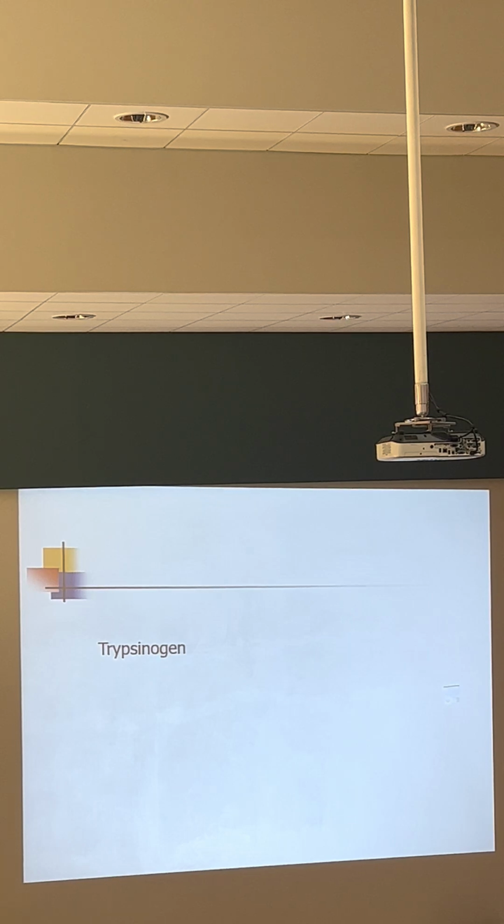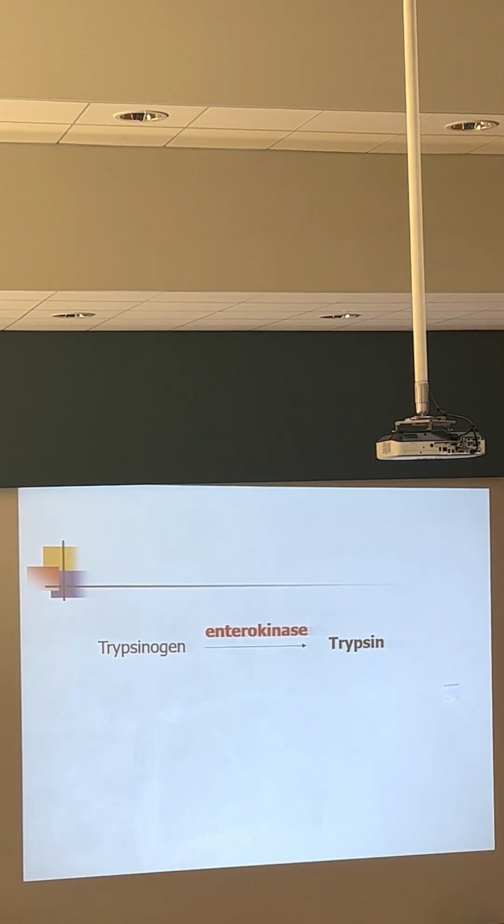So activation occurs in the small intestine by the activation of trypsinogen. The active form is trypsin, and that requires an enzyme released from the brush border cells of the small intestine called enterokinase. And enterokinase is also stimulated to be released by CCK, cholecystokinin.